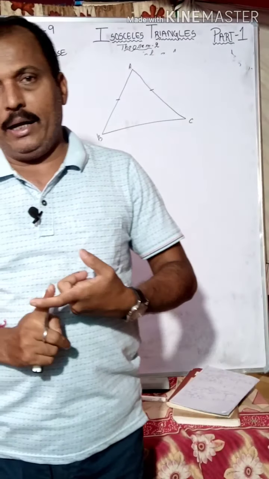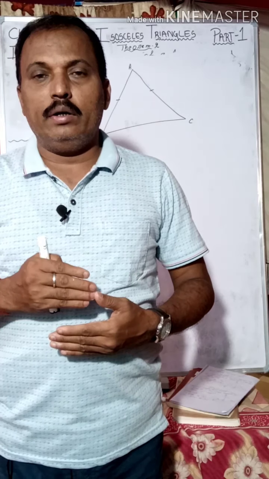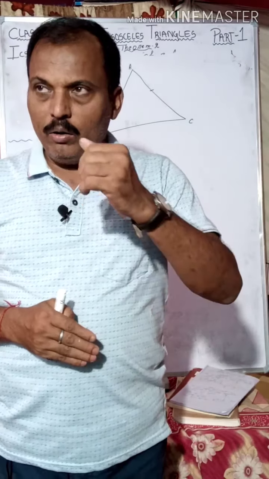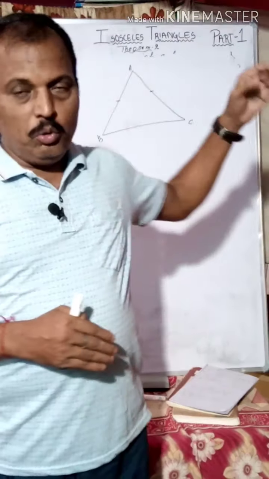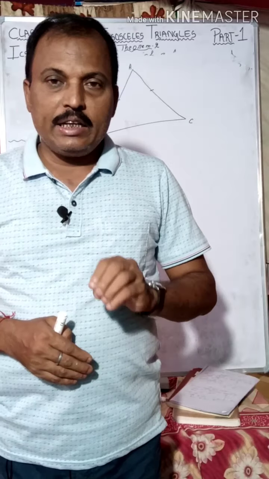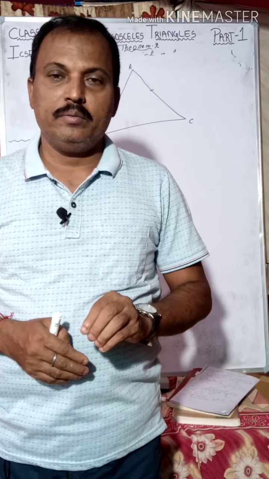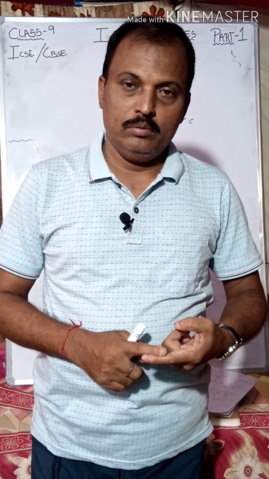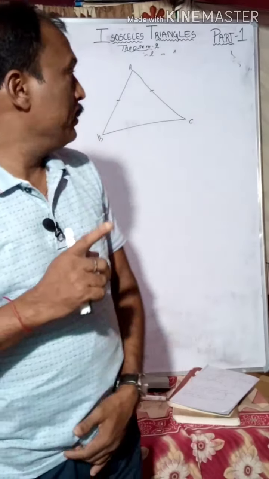But a triangle has three bases. I will teach you the base in your area chapter, but here you know a triangle has 3 bases, 3 sides, 3 angles, 3 perpendiculars or 3 heights, 3 medians, 3 angle bisectors, 3 side bisectors, and 1 incenter, 1 circumcenter, and 1 centroid.